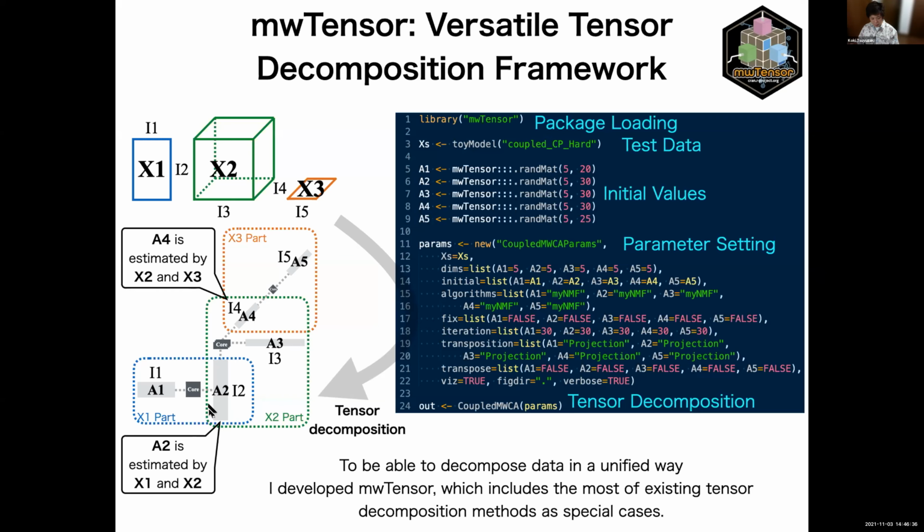For example, this A2 is estimated from X1 and X2, and A4 is estimated from X2 and X3. This assumption has the effect of extracting only the patterns reproduced by the multiple tensors, as compared to decomposing the tensors individually.